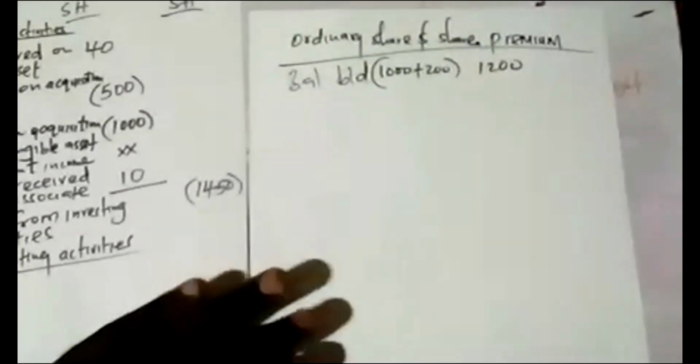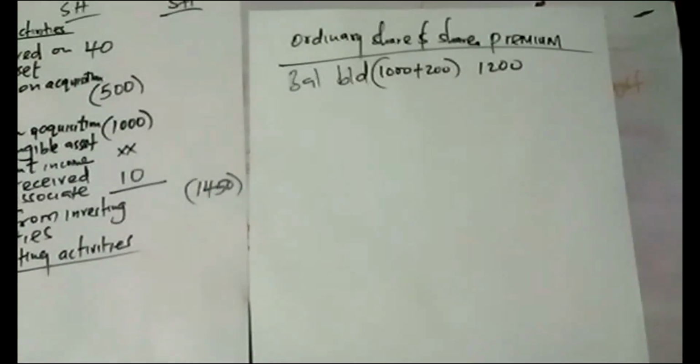Then after that, you need to consider anything affecting your capital before we compare it with my balances carried down. Remember there was a bonus issue which was made, whereby the company makes an issue of shares to the existing shareholders for free, for no consideration.